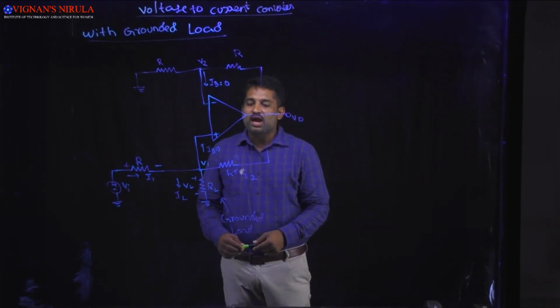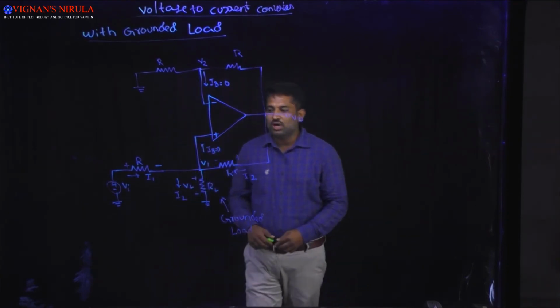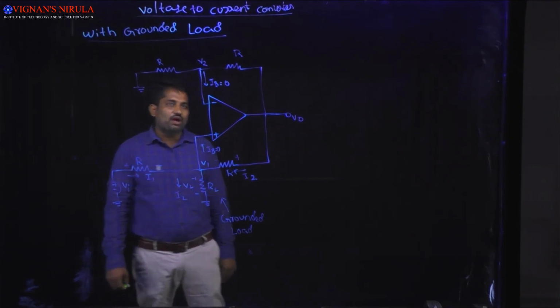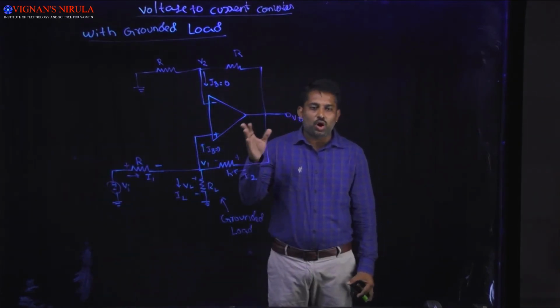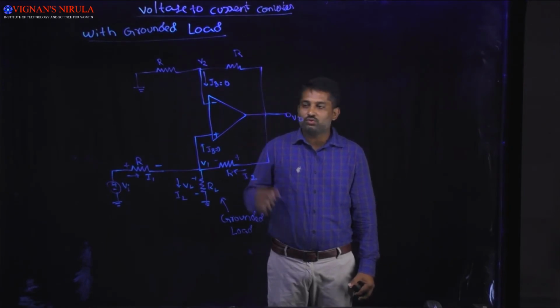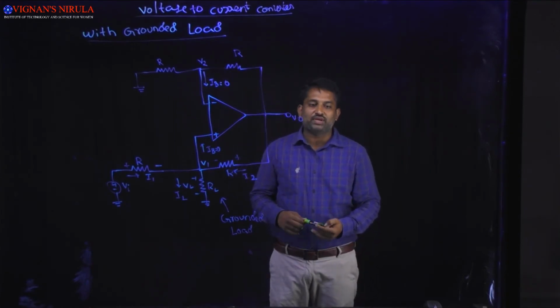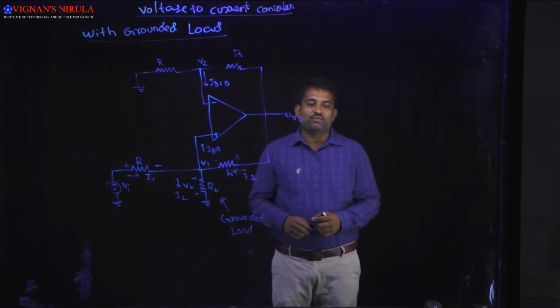So here I am considering the load is connected to ground and the input is applied at the non-inverting terminal of the op amp, and this is also called the Howland current converter. It was invented by Howland, that's why we call it the Howland current converter.